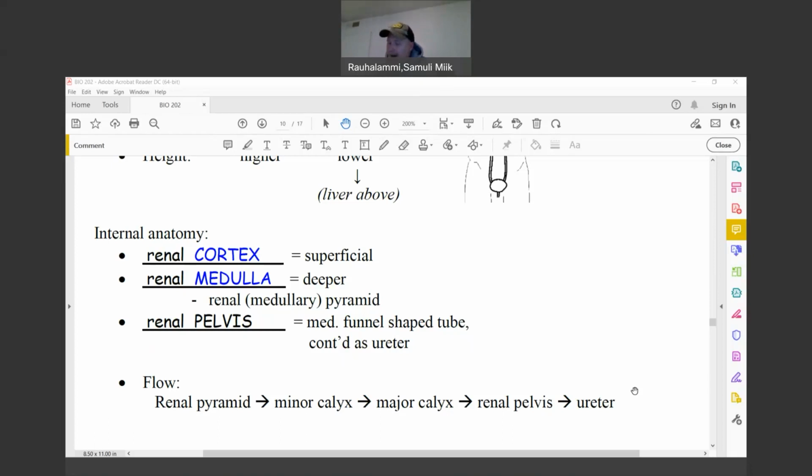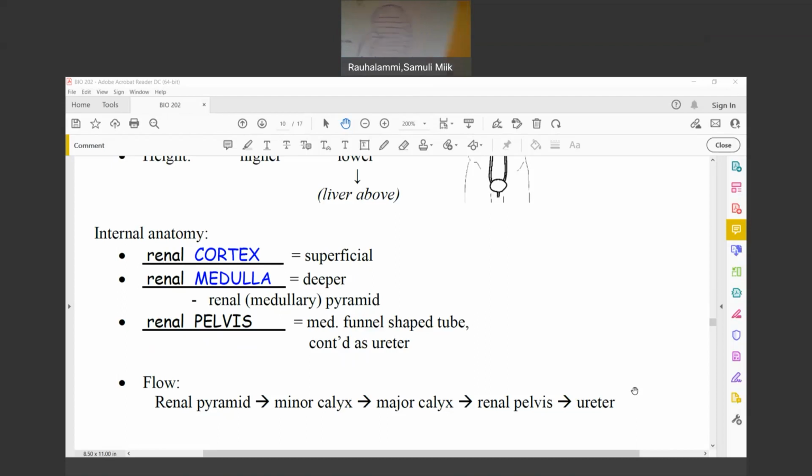Similarly, the kidney will have a cortex, which is the outermost layer. So this is the outermost layer of the inner structures of the kidney, and the other material within the kidney is then going to be the deeper structure. It's going to be our medulla. So those two parts I want to separate.